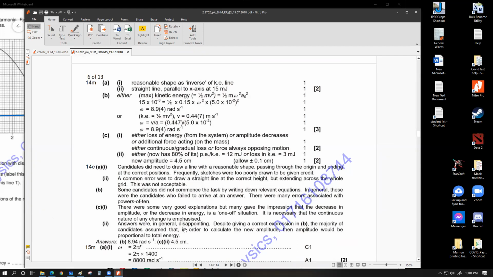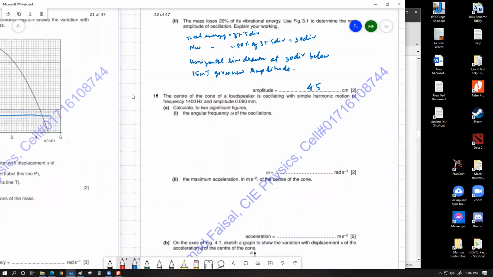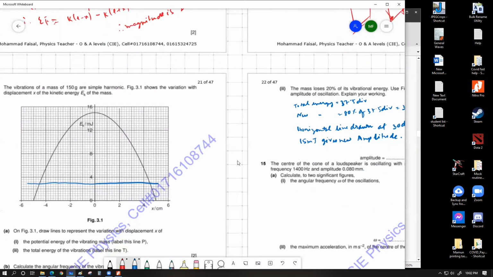The examiner said answers were in general disappointing. Despite giving a correct expression in B, the majority of candidates assume that in order to calculate the new amplitude, the amplitude would be proportional to total energy, which means they assumed from this equation that this curve is given by half m omega square x square, which was not the case.